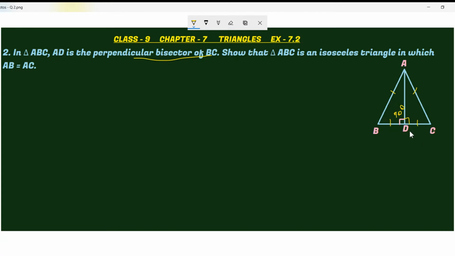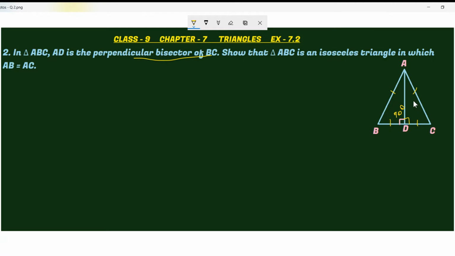Now you can see one side is equal and one side is common. Two angles are equal. So we can use the rule side angle side to prove ADB and ADC congruent triangles.